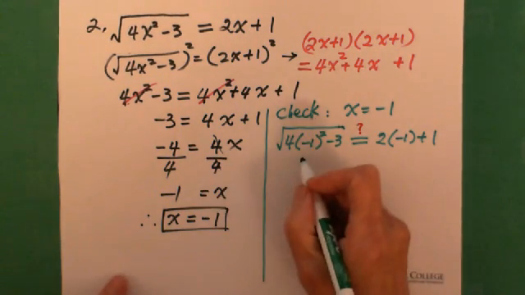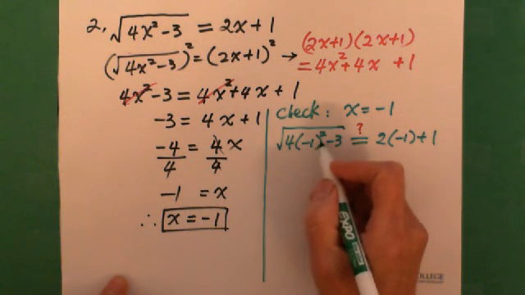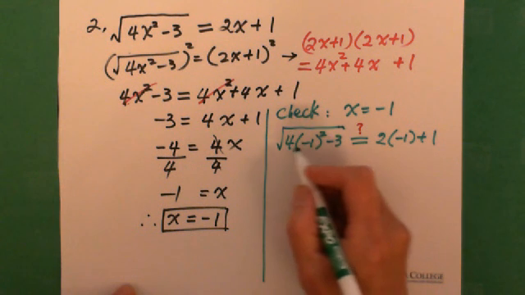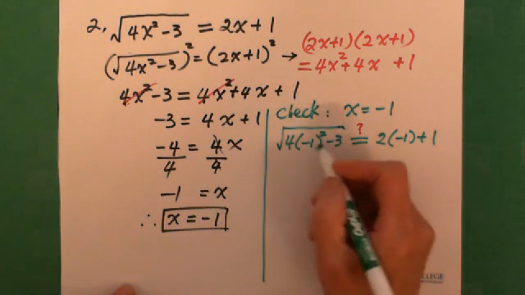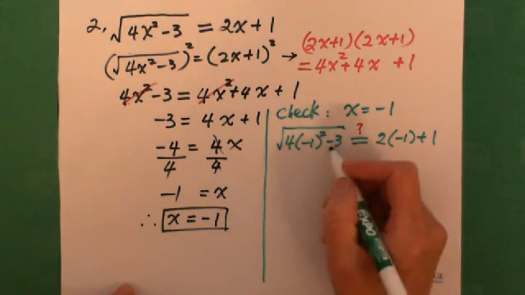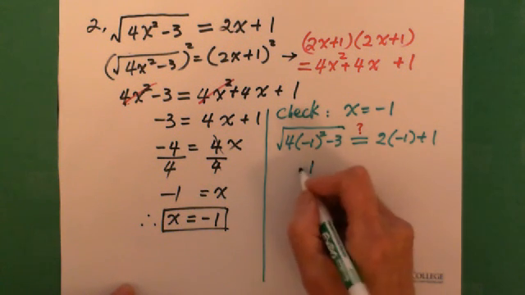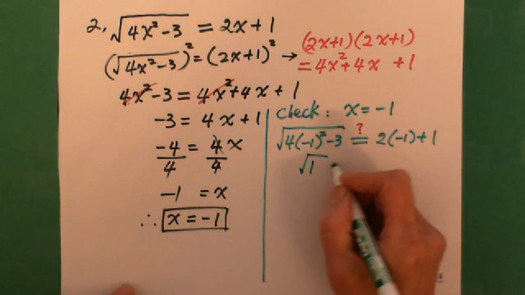Working with the left side, negative 1 squared equals 1, 4 times 1 is 4, 4 minus 3 is 1. So the square root of 1 is still 1, right? This is the square root of 1, equal to 1.